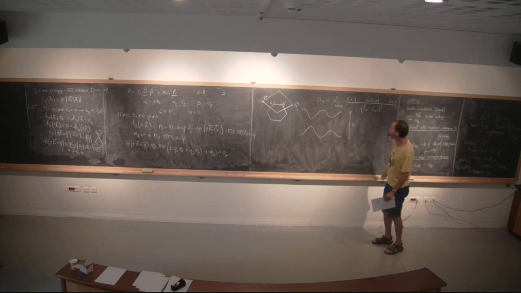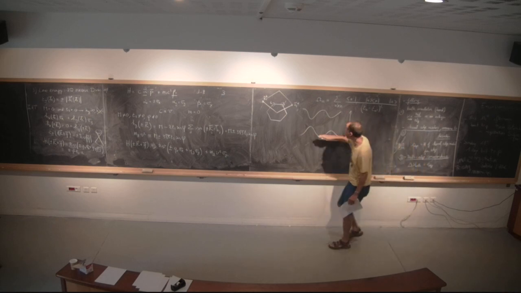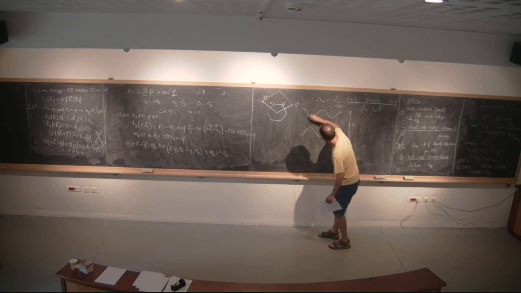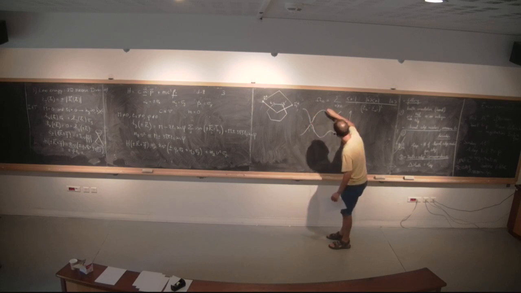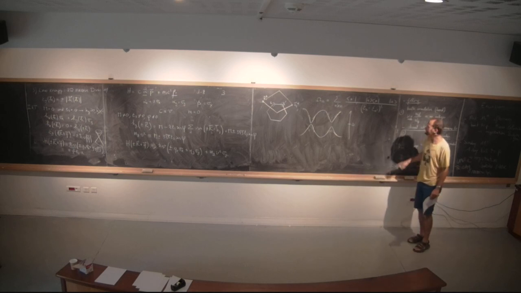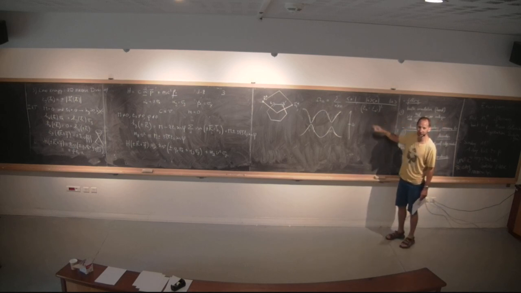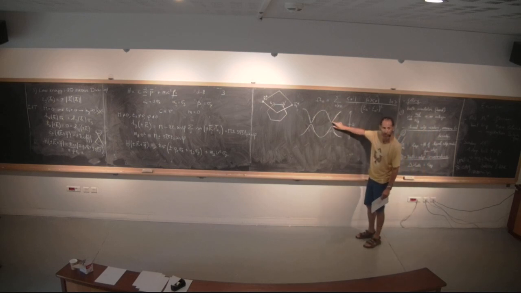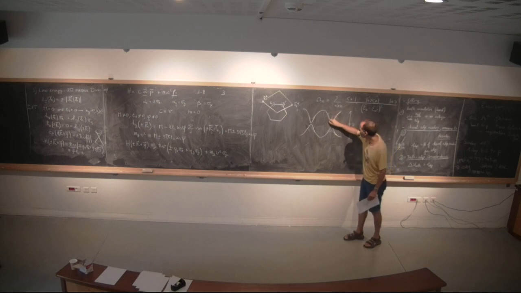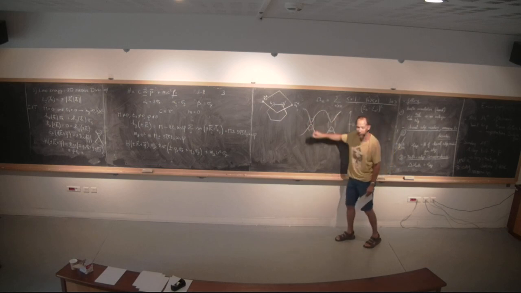And if I assume that my gaps are not too big, so I should have something like this, and maybe the other one is different, but not too big either, then because of this factor, I know that the important contributions to the Berry curvature will come from regions where the gap is small. So that's the reason for saying all the main contribution is coming from those two points.